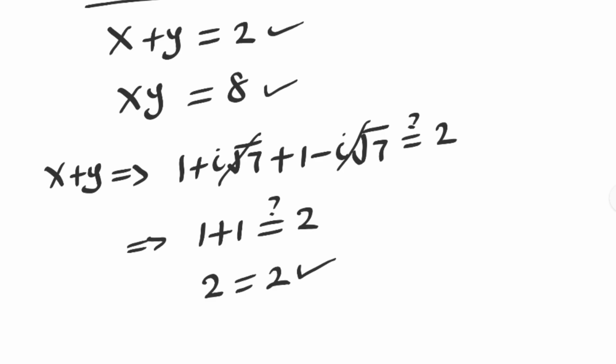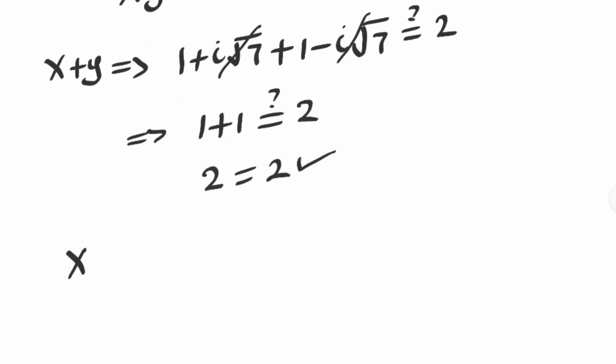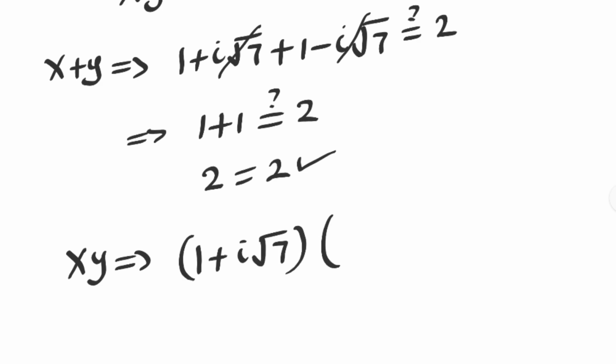Now let us consider this. xy is x times y, 1 plus i root 7 multiplied by 1 minus i root 7 must be equal to 8.